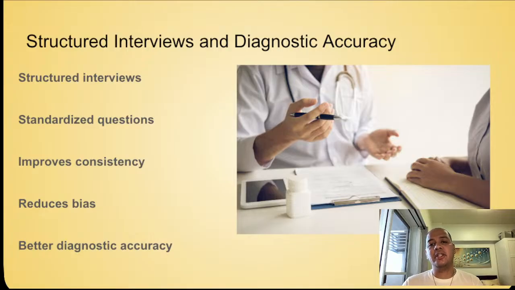Structured interviews are designed to improve diagnostic accuracy by asking standardized questions linked to specific criteria. In other words, instead of just going with whatever flows naturally, the clinician follows a more systematic format. This is helpful because unstructured interviews can be rich, but they can also be biased. A clinician might focus too much on one detail, miss something important, or interpret answers differently depending on style, expectations, or even fatigue.